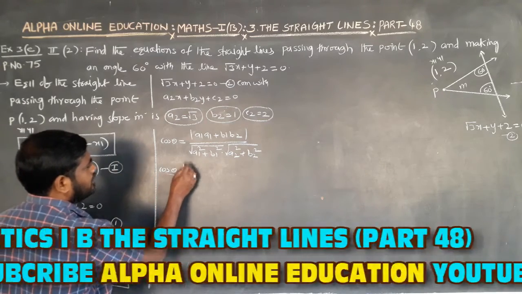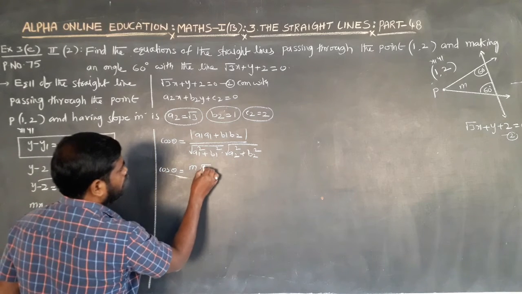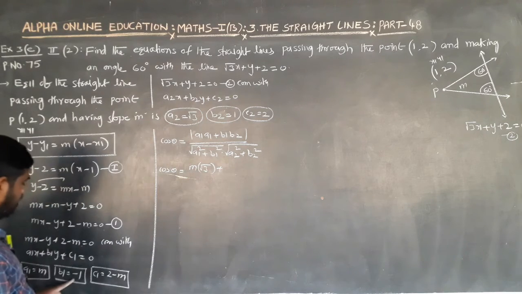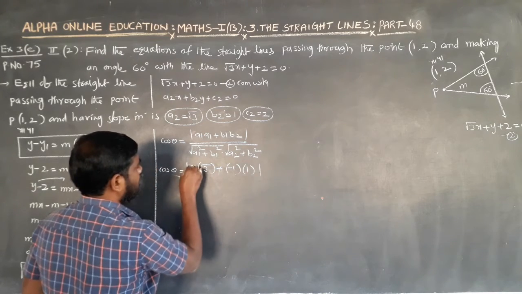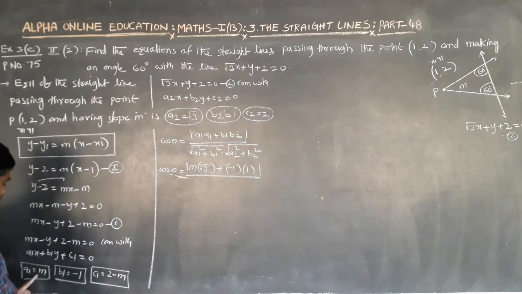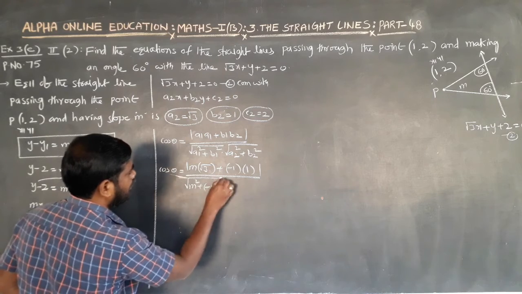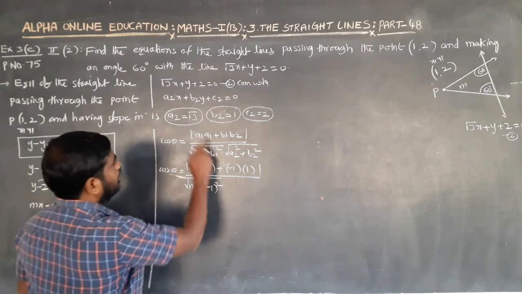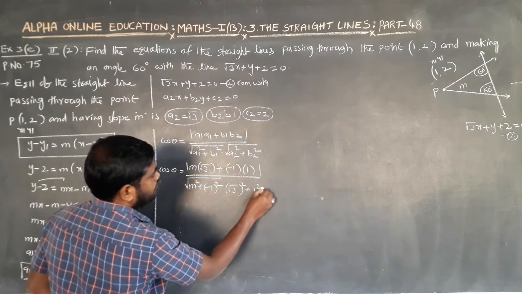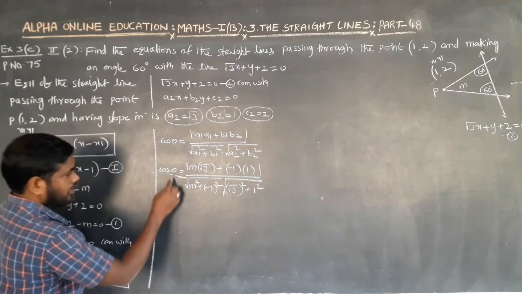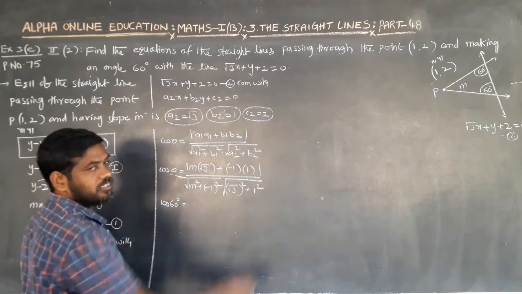Cos theta is equal to |m·√3 + (−1)(1)| divided by √(m² + (−1)²) into √((√3)² + 1²).